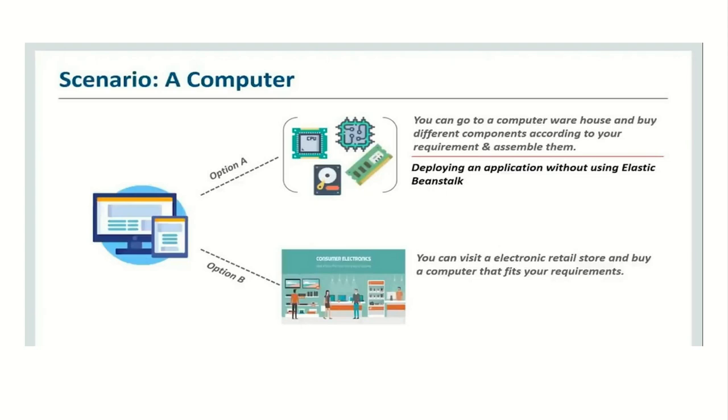Now take a real-time example. If you want a computer, well, we have two ways to get it. At first, we go to a computer warehouse. A computer warehouse is a place where we have different components of a computer laid out in front of us, like CPU, motherboard, router, disk drive, module, and many other components.